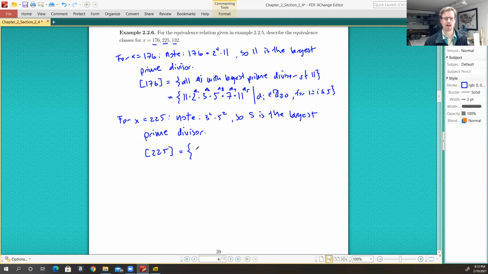So that means we've got 5 to guarantee at least one factor of 5 times 2 to some power times 3 to some power times 5 to some power. Now, any of those powers could be 0, 1, 2, 3, 4, and so on. If a3 is 0, I still have a factor of 5 because I added that out front. So again, each a_i should be a non-negative number.